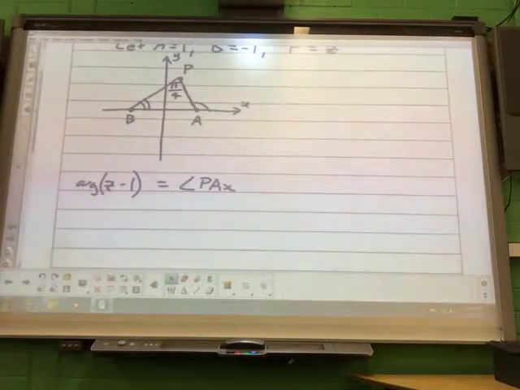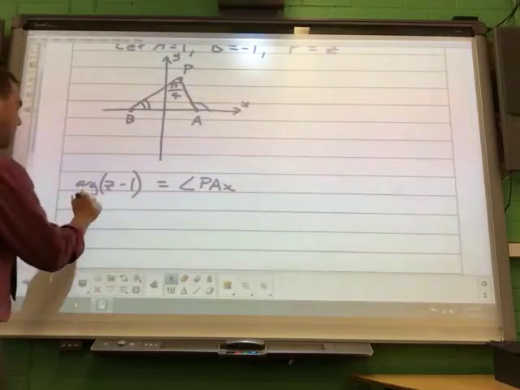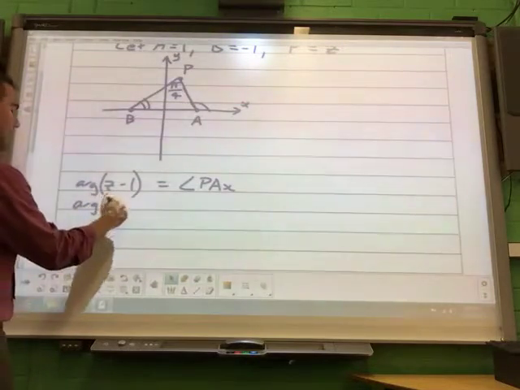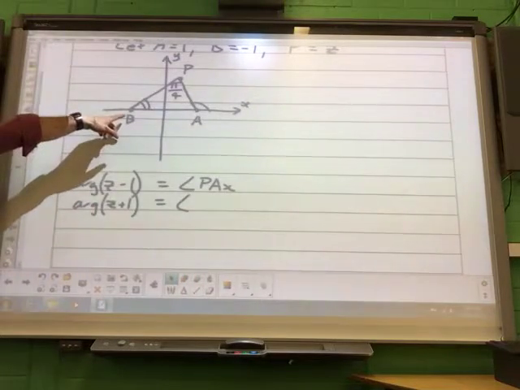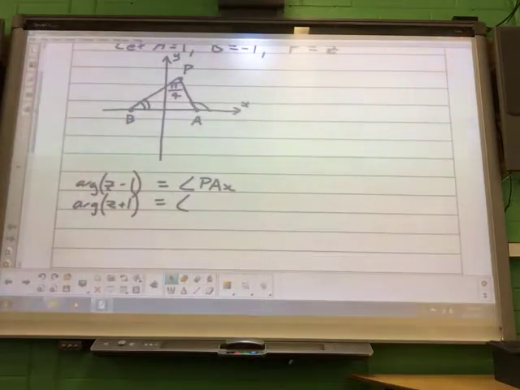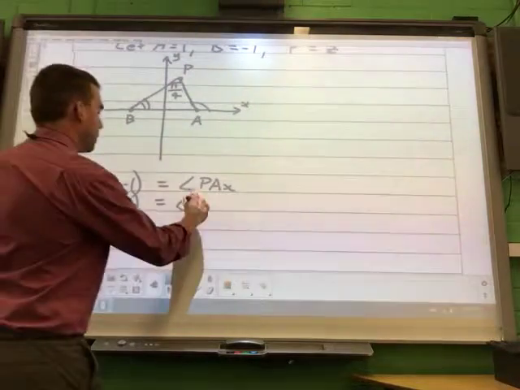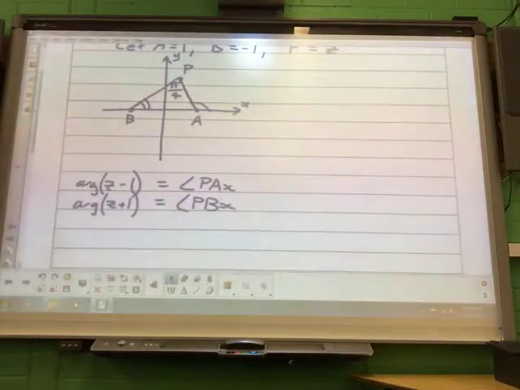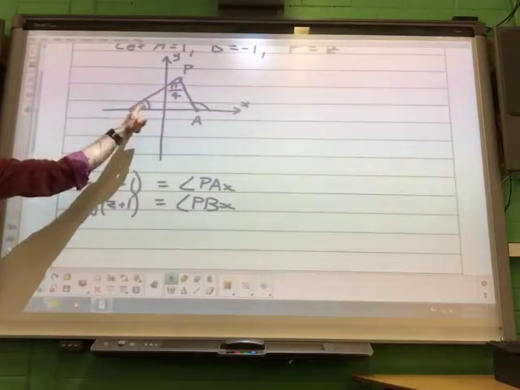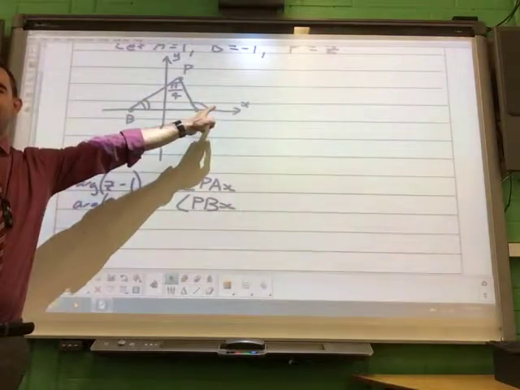And the arg of Z plus 1 is the interval from -1 to P with the horizontal, and that's angle PB with the positive x direction. Now, mathematically, that plus that equals that, doesn't it?